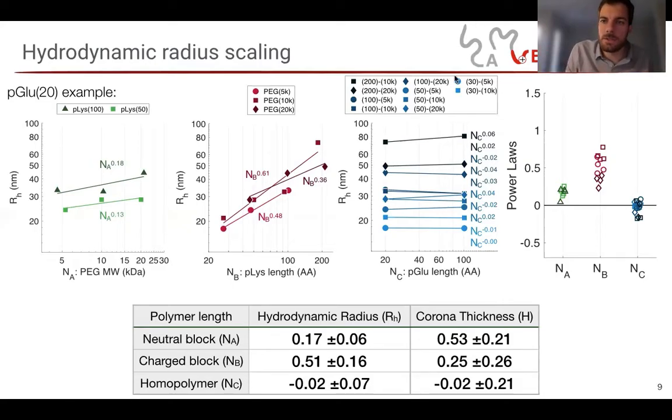This is the neutral A block. Similarly, we have an increasing hydrodynamic radius with the B block, which I think mainly comes from changing the core size, like I showed before. And again, really no effect from the length of the homopolymer.